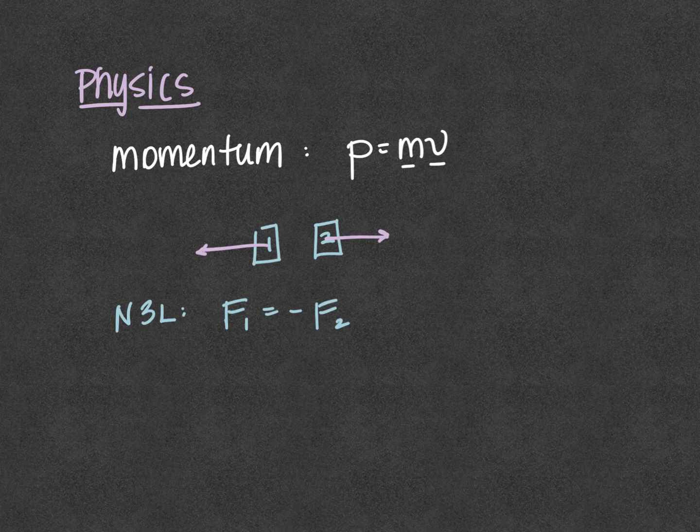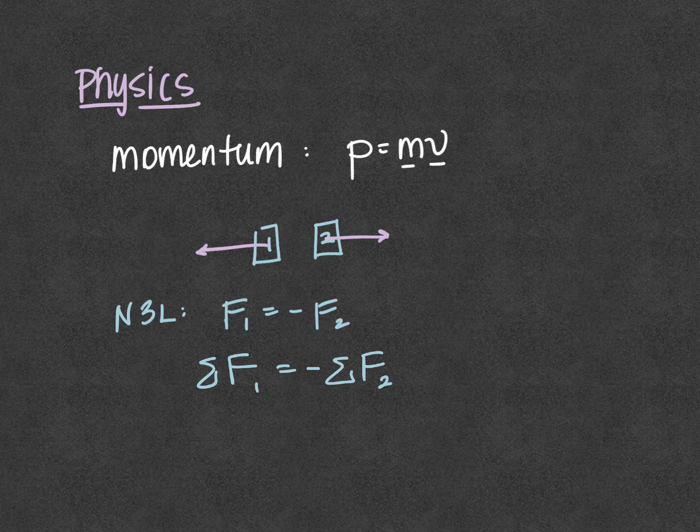Now, if this is the net force acting on each one of these objects, meaning that only this vector is causing a change in the motion of object 1, and only this force is changing the motion of object 2, then we can say that the net force on 1 is equal in magnitude, opposite in direction to the force on the other object.